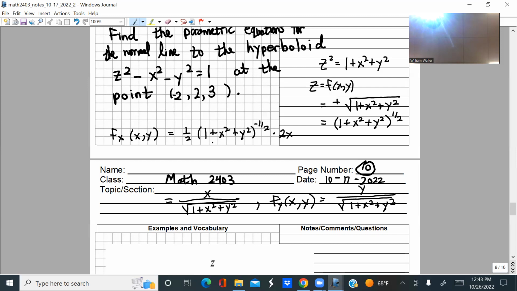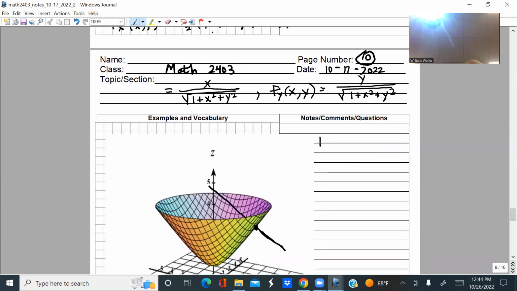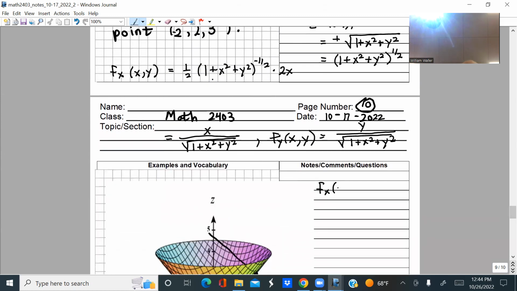And now what do I have to do with those? Evaluate them, right? So I need to evaluate them at, what's my point? Negative 2 and 2. So when you plug negative 2 in for x and 2 in for y, let's see what happens there.